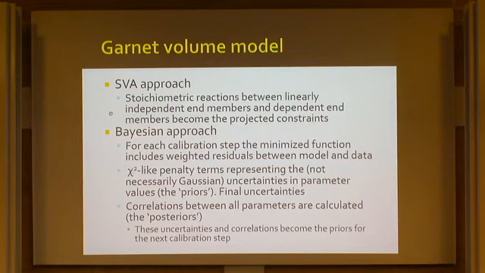That's a singular value analysis algorithm. Or to use a fully Bayesian approach in which you minimize the residual between the model and the data, but also chi-squared-like penalty terms for the uncertainties in the parameters as well as in the data.